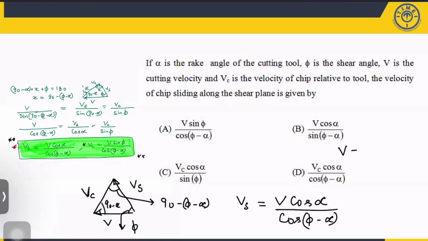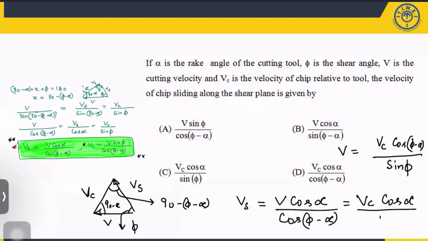I want to calculate V. So V equals Vc cos of phi minus alpha divided by sine phi. Yes or no? So now I can put the V value here, then I will get Vc cos alpha, sine of phi. This is the beauty. Did you understand what mistake you have made, Jagan?